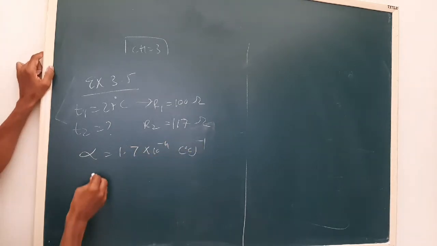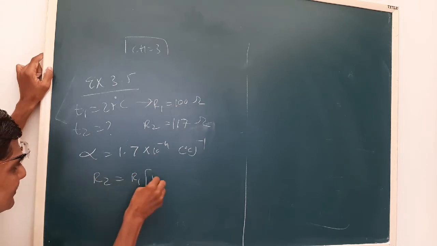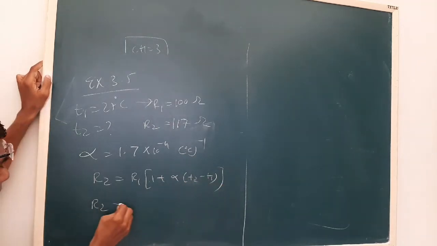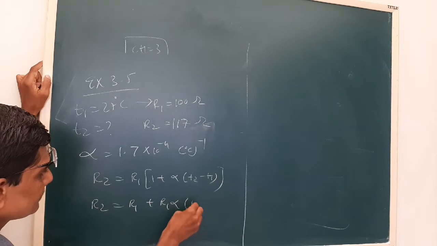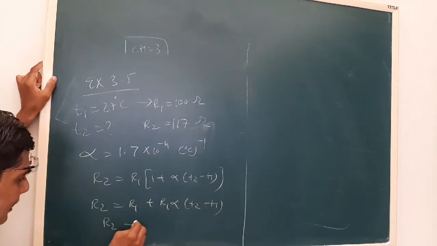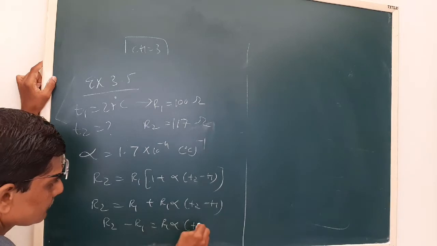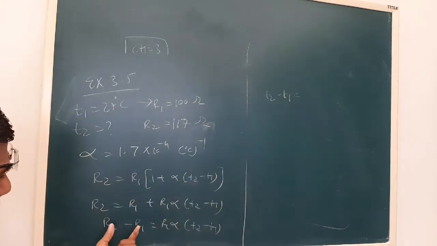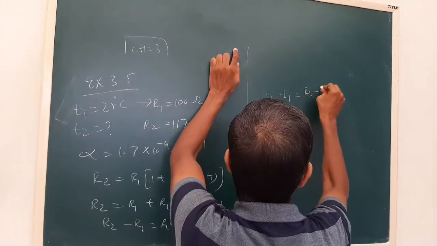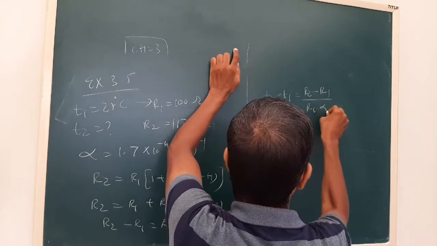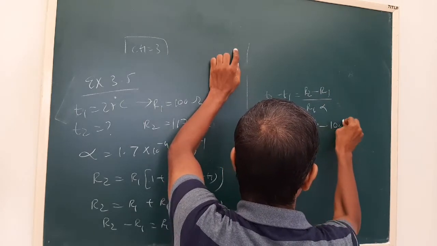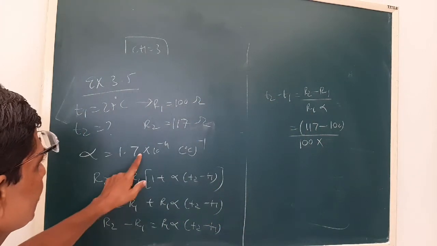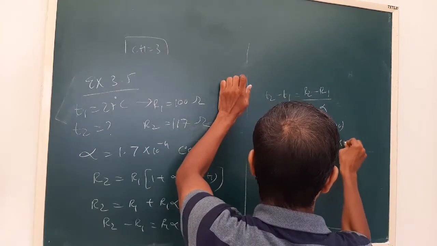Now we use the formula R2 is equal to R1 into 1 plus alpha into T2 minus T1. Now we simplify. So we get R2 minus R1 is R1 alpha into T2 minus T1. So T2 minus T1 is R2 minus R1 upon R1 alpha. 117 minus 100, that is 17 upon 100 into alpha.